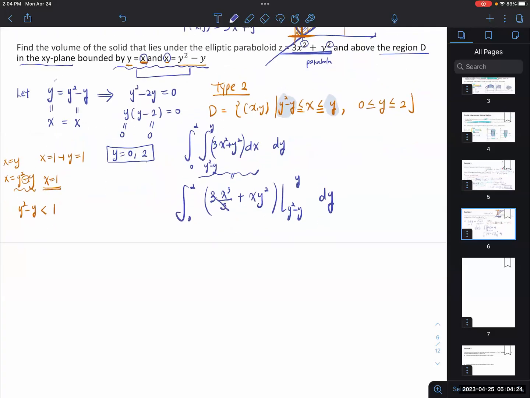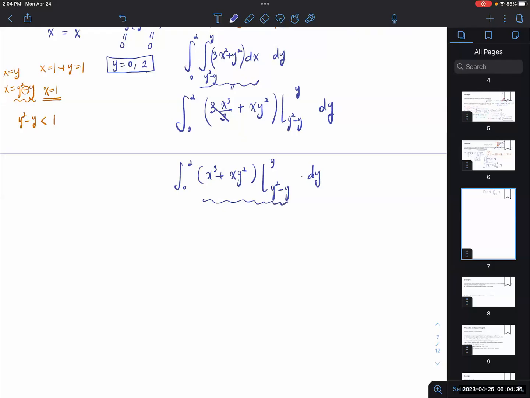And I'm going to simplify, 0 to 2, x cubed plus xy squared, and then we have to subtract. So this part we have to finish. Y cubed, x is now, you're going to plug in y into the x spot, y cubed, am I correct?